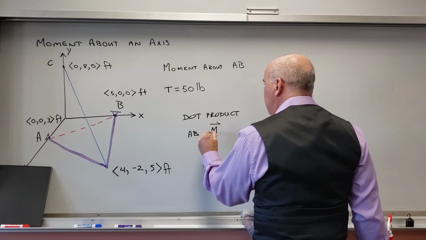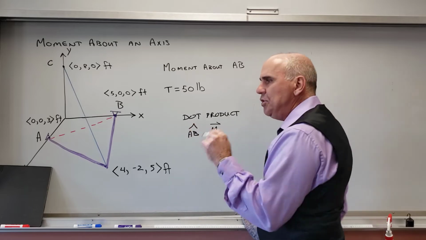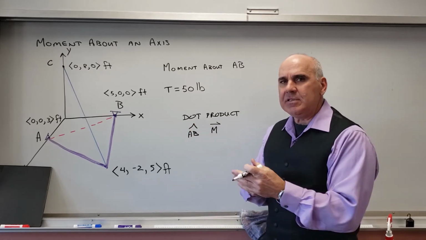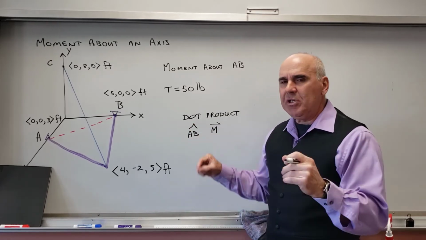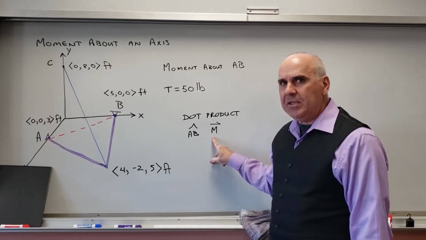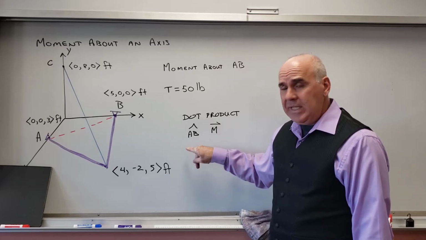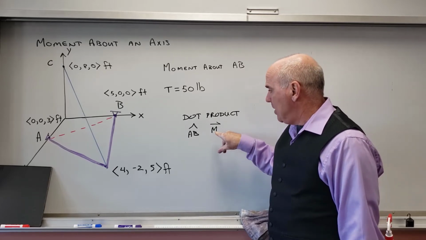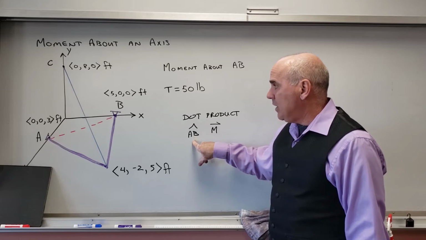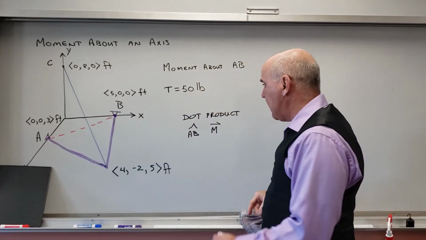I'm going to take the unit vector along the axis because I don't want any dimensions here. I'm looking for the moment about the axis. Here's my moment, and it's got units. I don't want to use another set of units in here. So I'm going to take the component of the moment along the axis, along the unit vector on that axis.